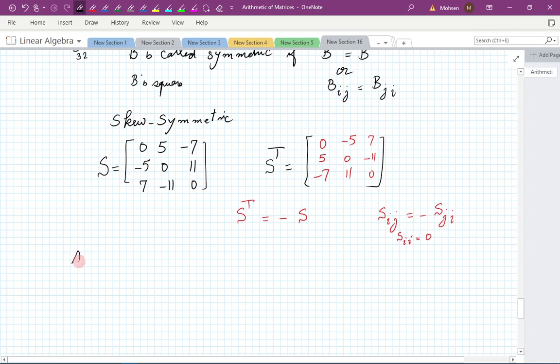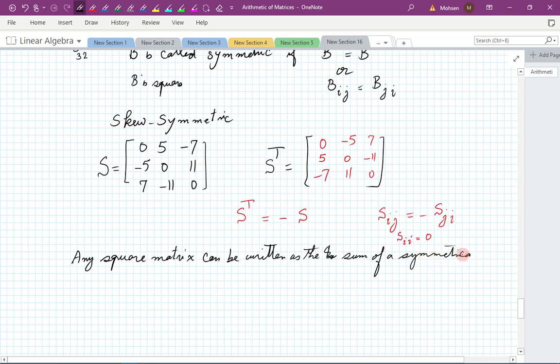Any square matrix can be written as the sum of a symmetric and a skew symmetric matrix. Very simple idea. I'm just going to give you a little exercise.